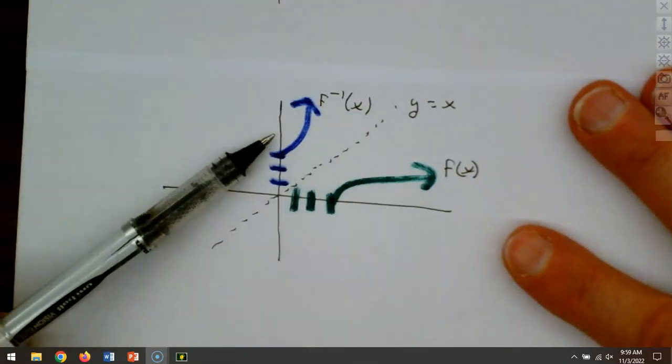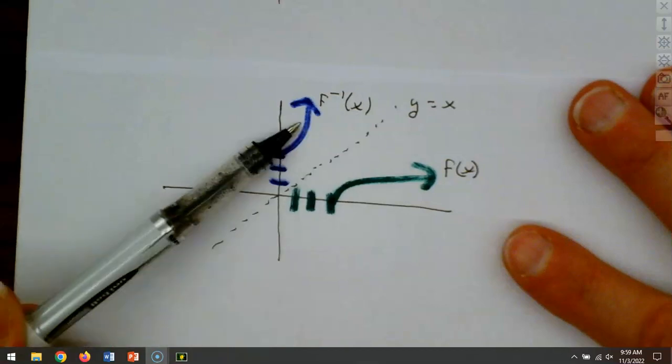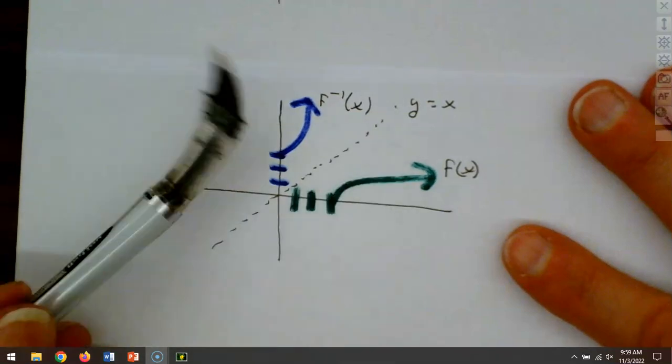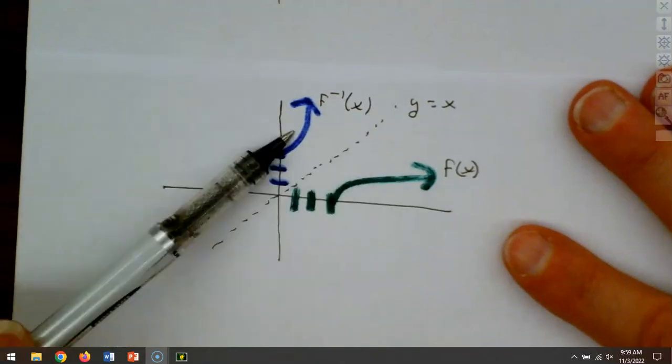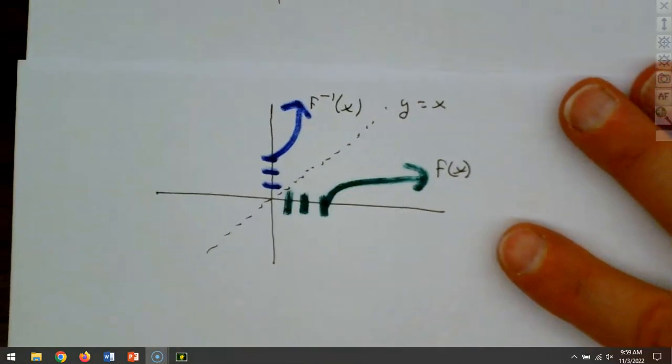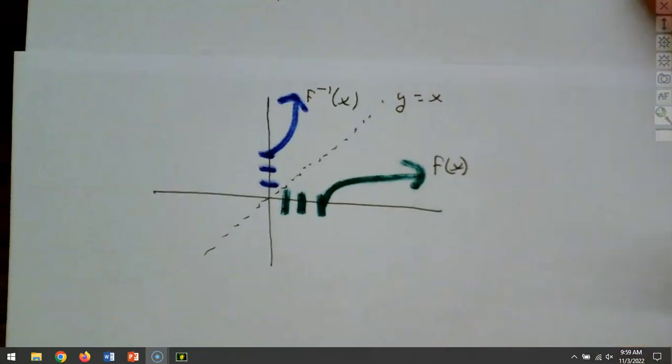If I fold this piece over, this dotted line here, what does it fold over and give you? It gives you the other one, right? So this one is your f, this is your inverse. They should be able to fold it over around that line y equals x, and that's going to make them inverses of each other.